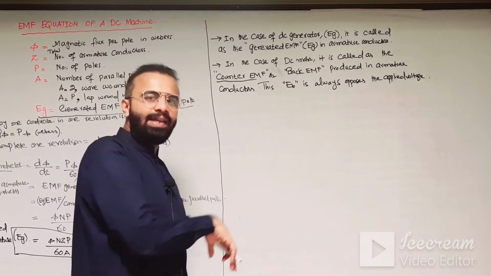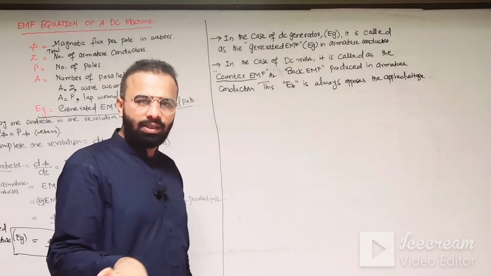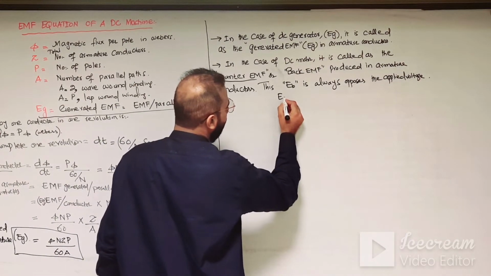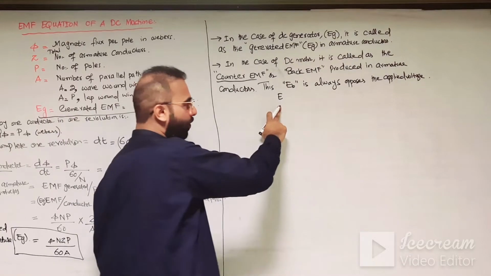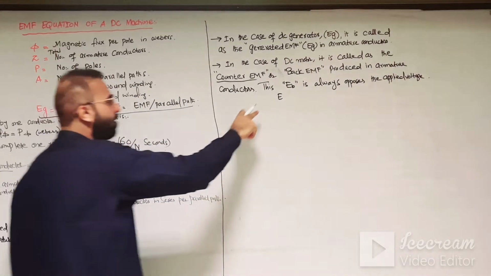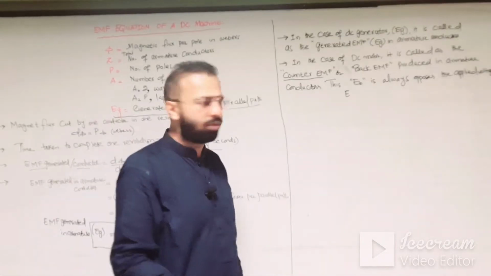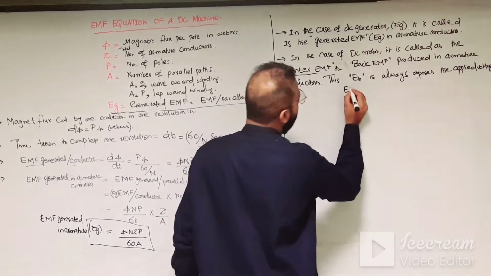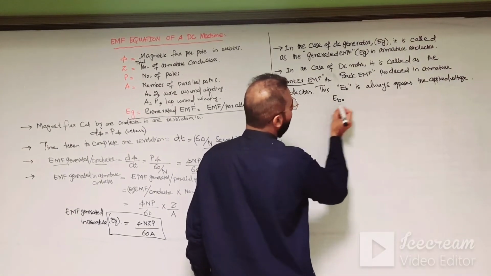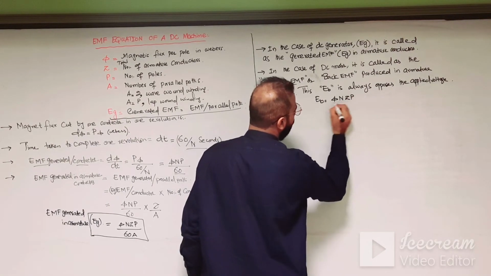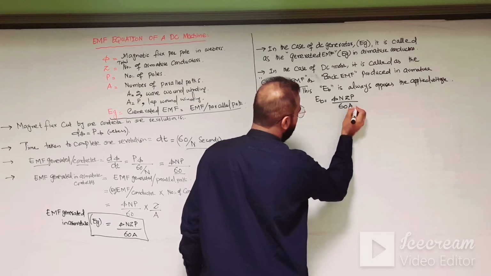So now what will be the EMF equation in the case of the DC motor? Same, but instead of writing the EG over here in the case of the DC motor, we are going to write EB, which is the back EMF, and it is the same one, PɸNZP over 60A.